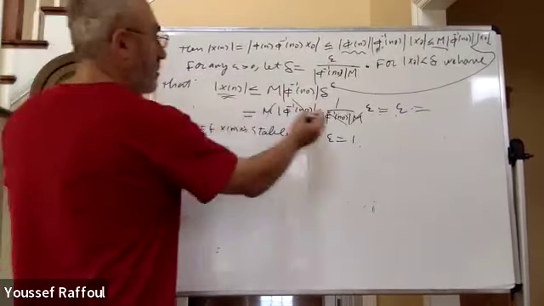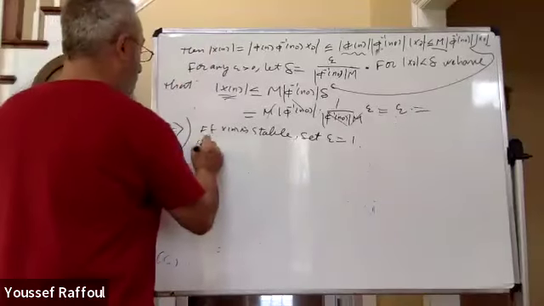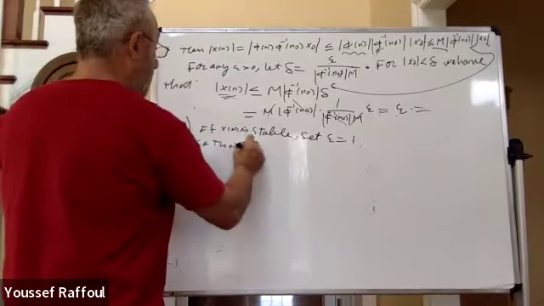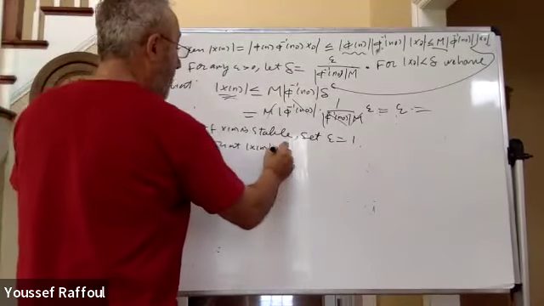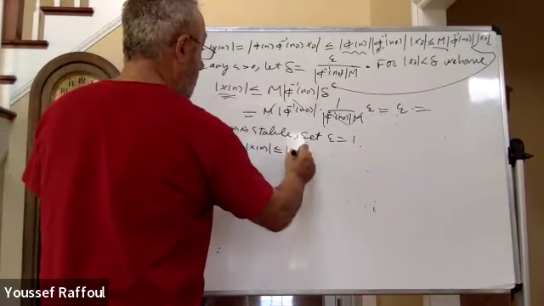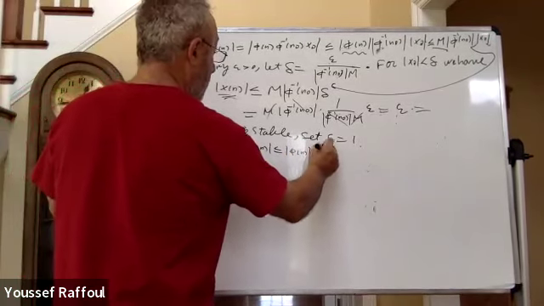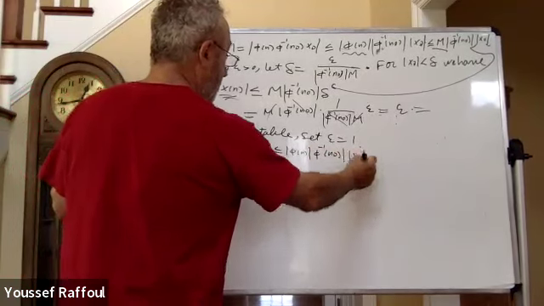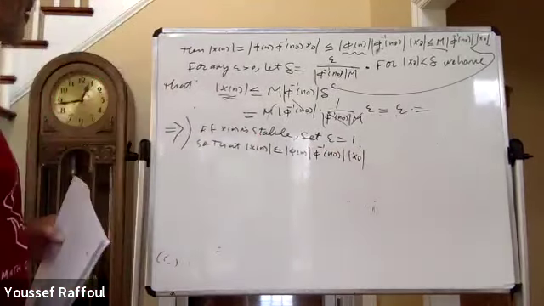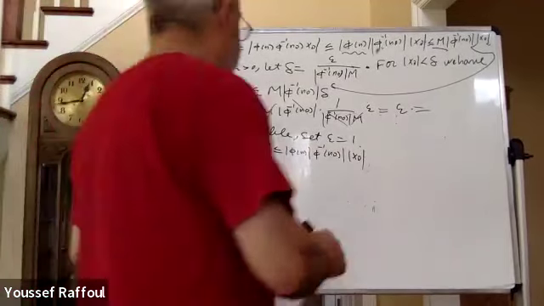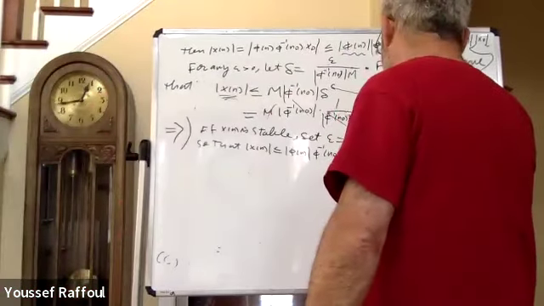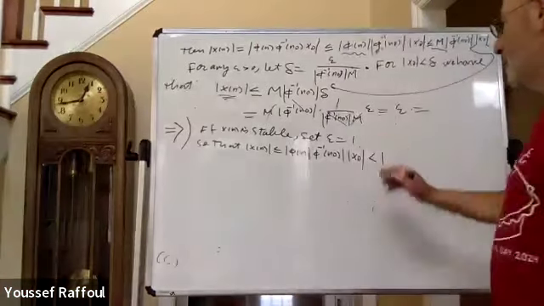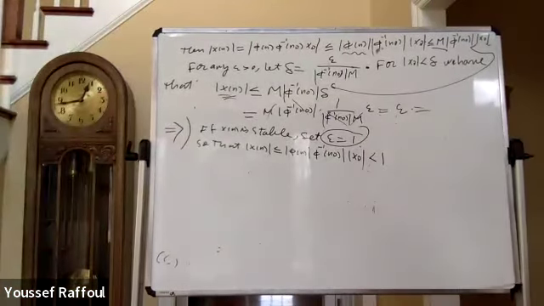That means stable means this, so that x_n less or equal to phi_n, phi inverse of n_0, x_0. Okay? That is less than 1 because of this one.